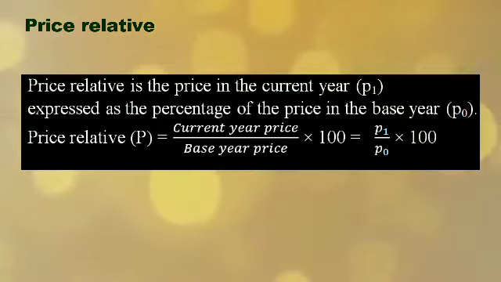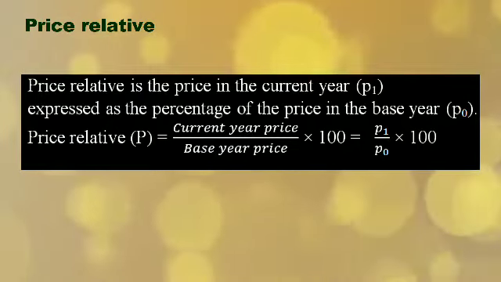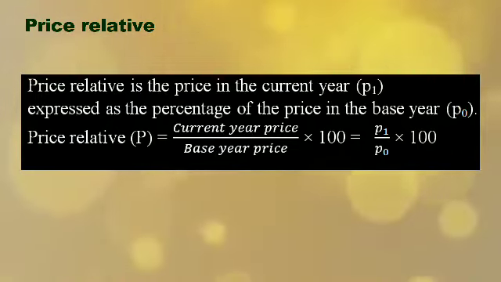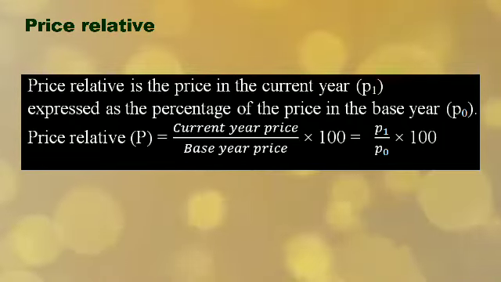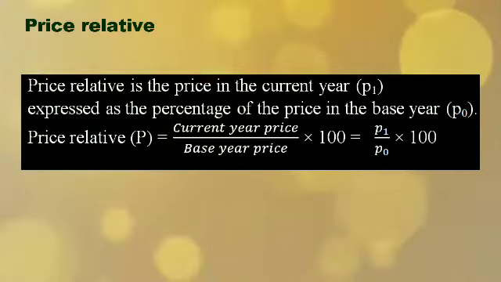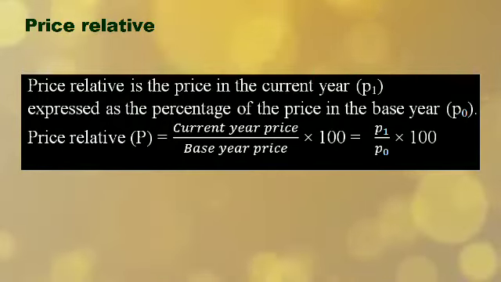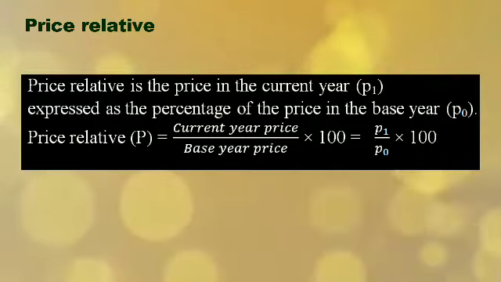Now the same rice costs 30 rupees in the year 2020. The variation in the price of the goods or the commodities from the previous year to this year can be studied under this concept.